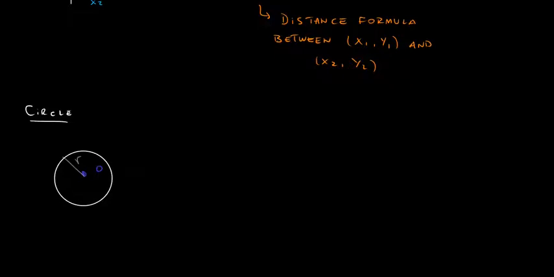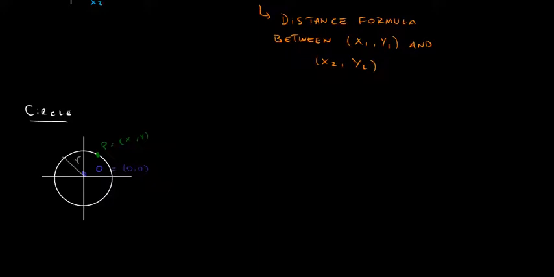To get the formula for a circle, let's suppose the circle is centered in the 0, 0. So O has coordinates 0, 0. And now let's take a point P with coordinates x and y.